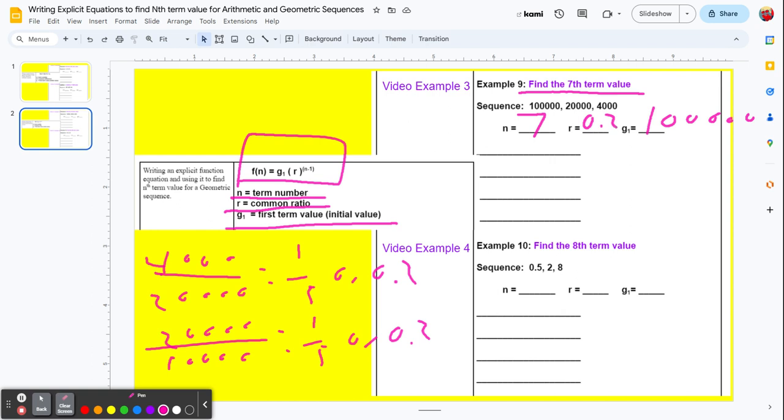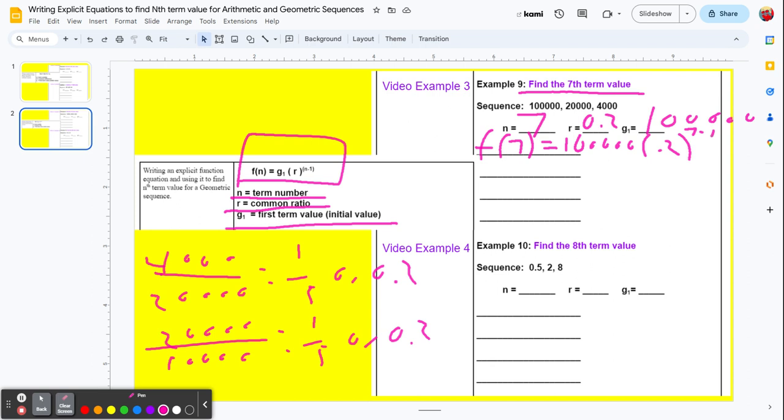All right, so now we have the information we need to input into our explicit equation. Let's do it. So we're going to say f of 7, because our n is 7, equals our initial value, 100,000, multiplied by our common ratio, which is 0.2, but that's raised to the 7 minus 1 power.